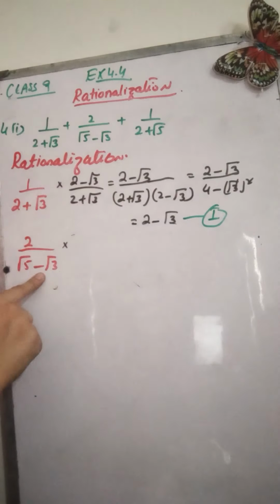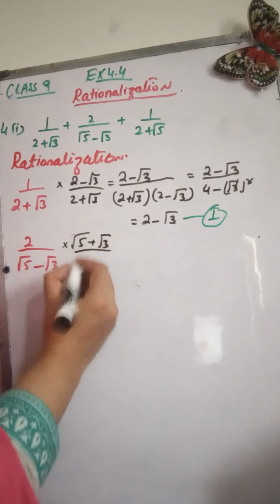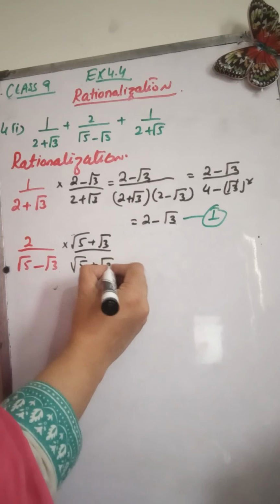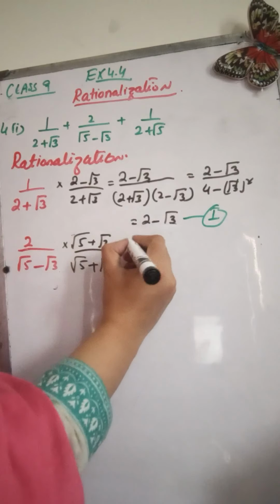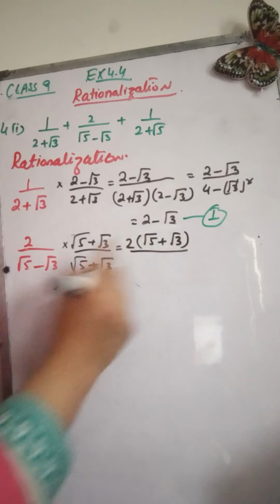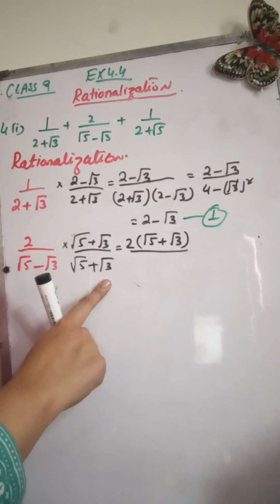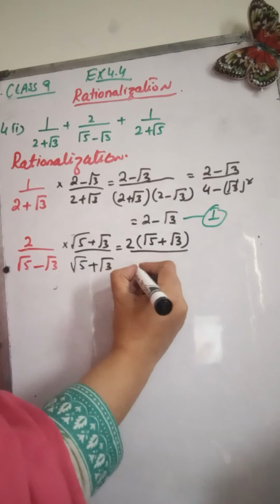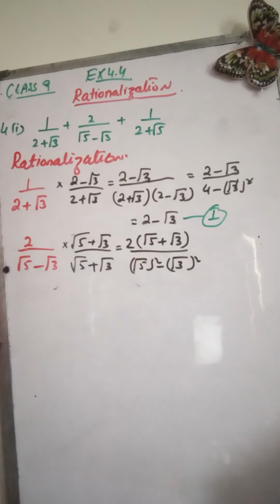Multiplying the conjugate of under root 5 minus under root 3 in the numerator as well as in the denominator, we will get, which is equal to 2 times under root 5 plus under root 3 over under root 5 minus under root 3 and under root 5 plus under root 3. This will be a minus b into a plus b will be a square minus b square.